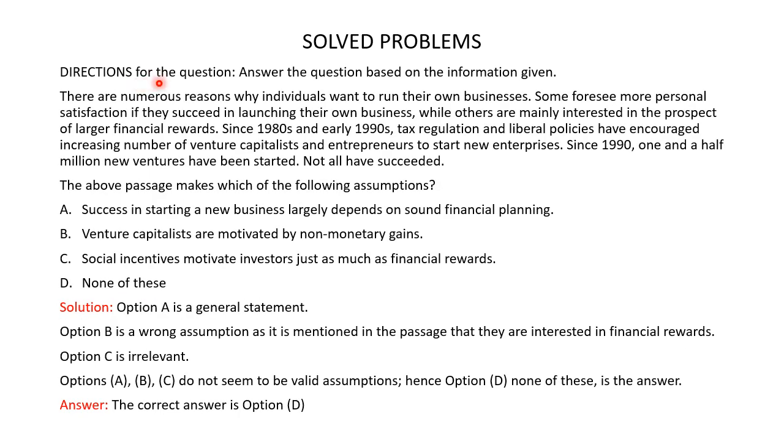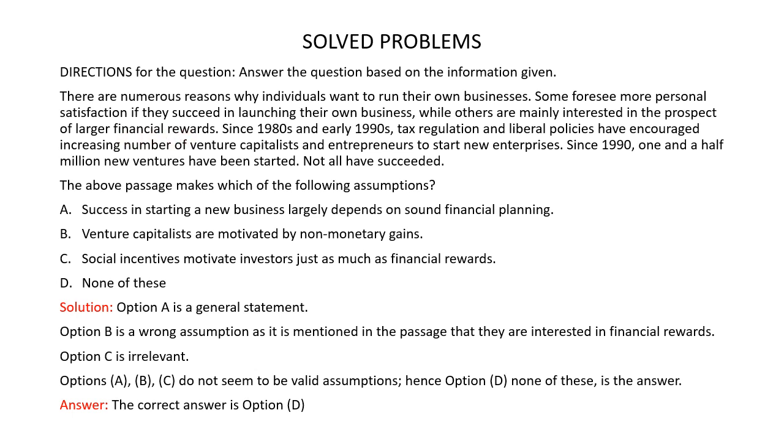Directions for the question. Answer the question based on the information given. There are numerous reasons why individuals want to run their own businesses. Some foresee more personal satisfaction if they succeed in launching their own business, while others are mainly interested in the prospect of larger financial rewards.